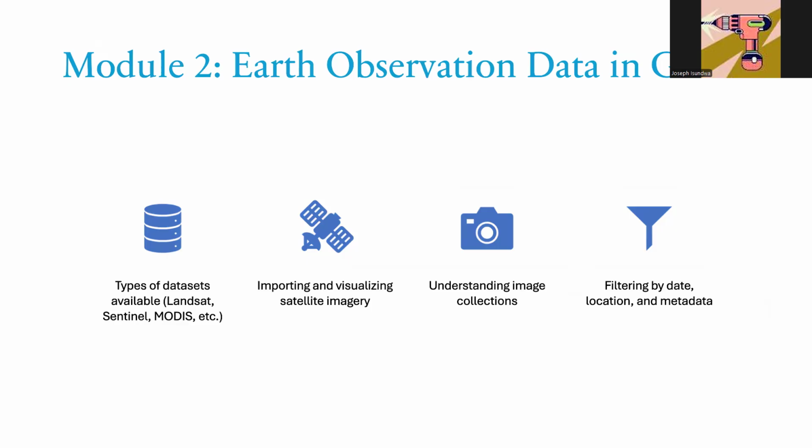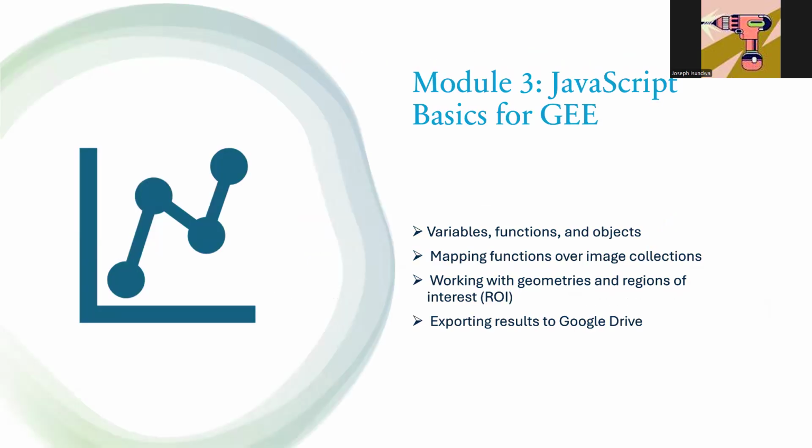And then we will see importing and visualizing this data. And then we will understand working with image collections in Google Earth Engine. And then finally, we complete module 2 by working with filtering, either by date, by location, or by the band type or metadata.